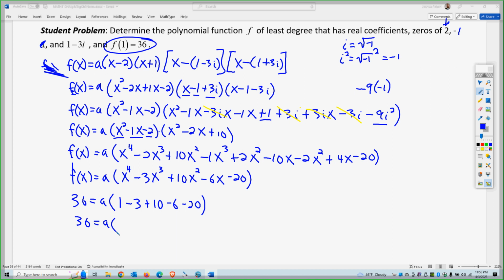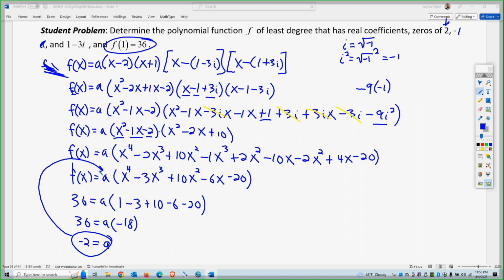So 36 equals a. So let's see here. If I think about this, this is going to be negative 18. Check me on that. So a is negative 2. So we're going to take that and plug it into there. Yep, okay.